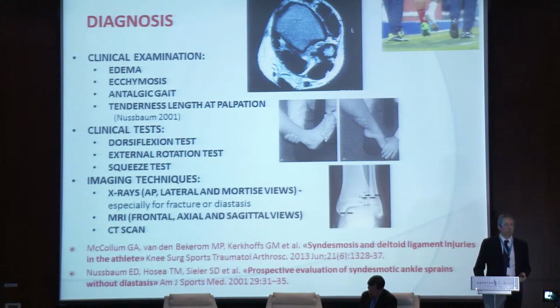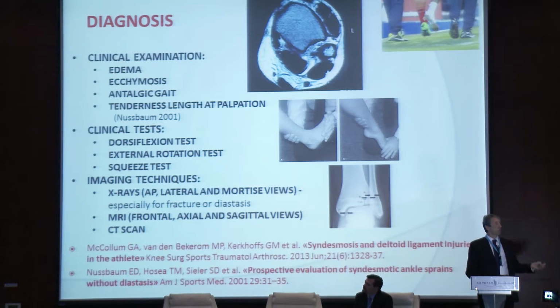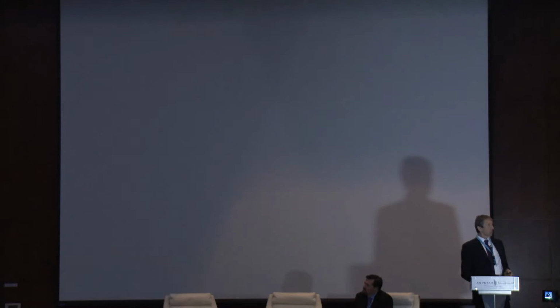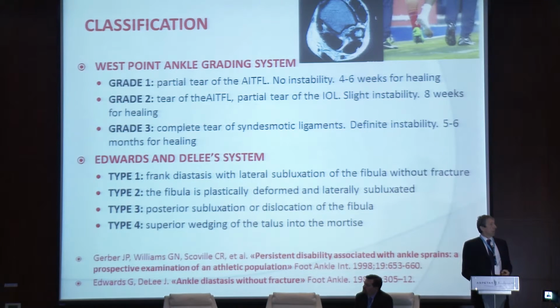The diagnosis seems simple. You have edema, ecchymosis, pain, but very frequently we don't check carefully this part of the ankle. The ankle is not only medial or lateral ligaments, but it also has ligaments in the upper side. There are different classifications.